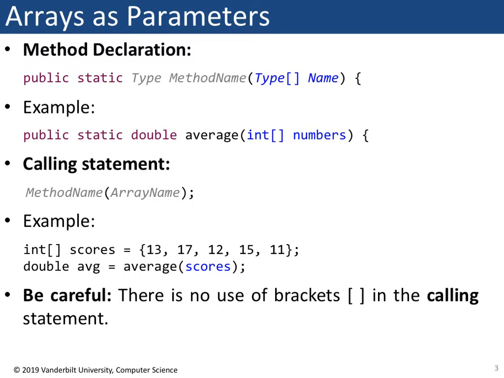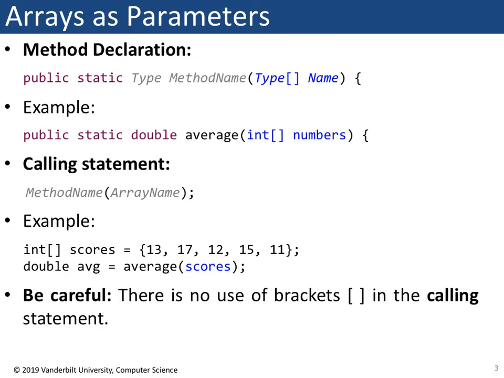Then the method name. Then the parameter. Ordinarily, you would have to tell it the type and the name of the parameter that you would like to use inside of your method, but when you're passing an array, you give it the type followed by open and close bracket.